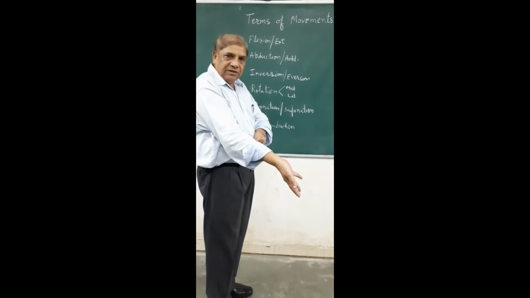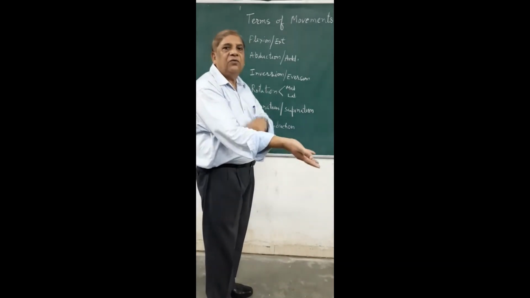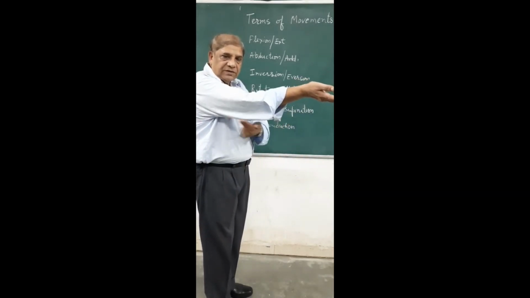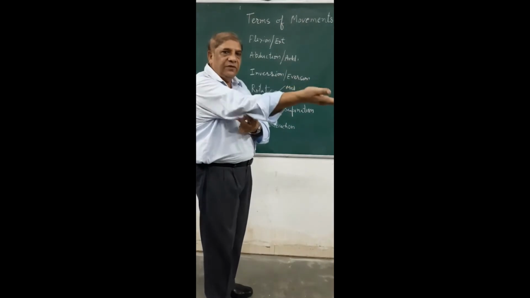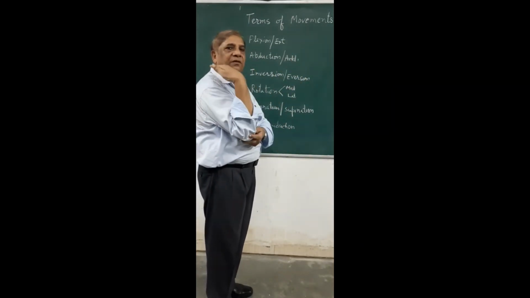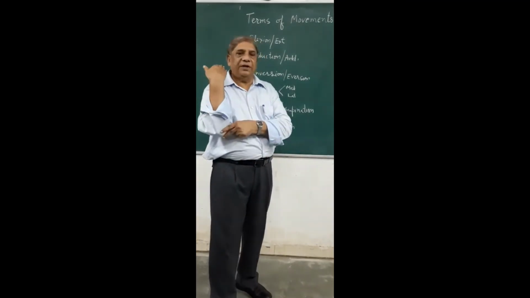Here the angle is increasing and the two ventral surfaces are going away from each other. The two dorsal surfaces, extensor surfaces in other words, will be coming close to each other. So this is the movement of flexion and extension at the elbow joint in the upper limb.